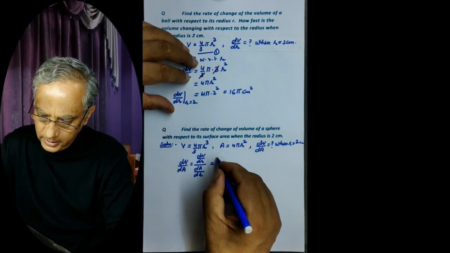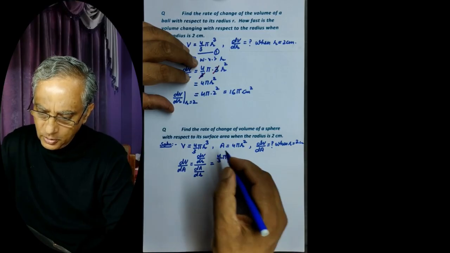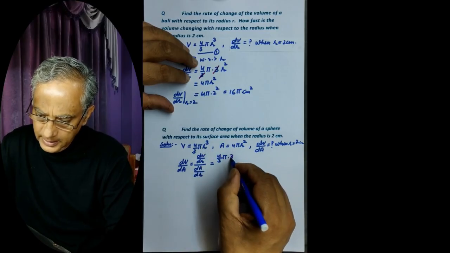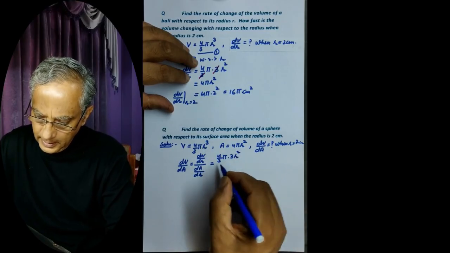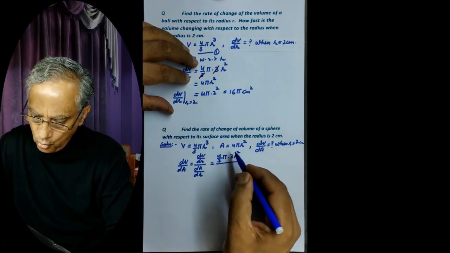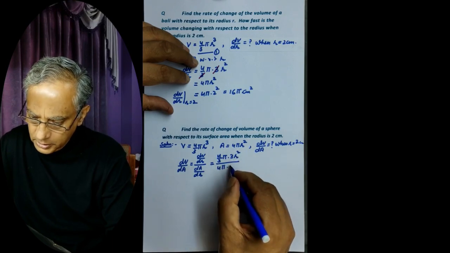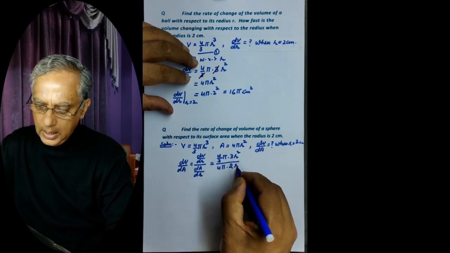dV by dr: differentiate this with respect to r, 4 by 3 pi into differentiation of r cube, which is 3r square. And dA by dr is 4 pi into differentiation of r square with respect to r, which is 2r.